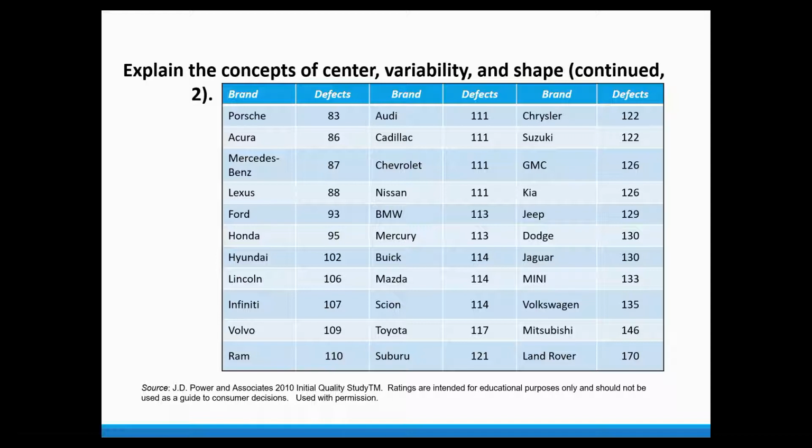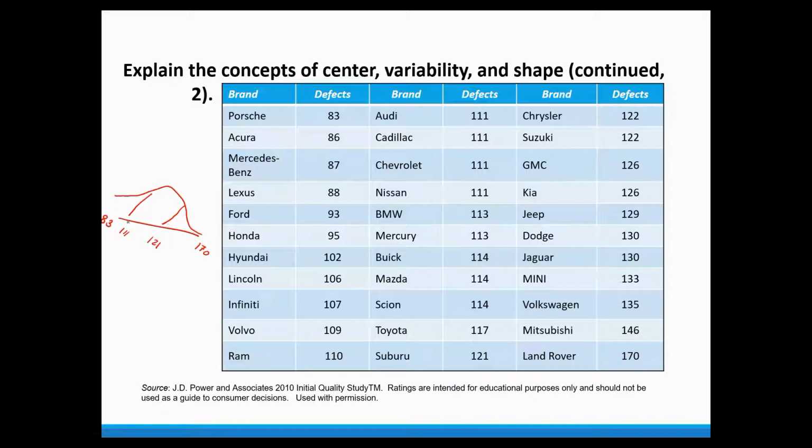So if we consider the distribution of this data, we would say that almost all the data would be concentrated in the area between 111 and 121, and the maximum number is 170 and the minimum is 83.